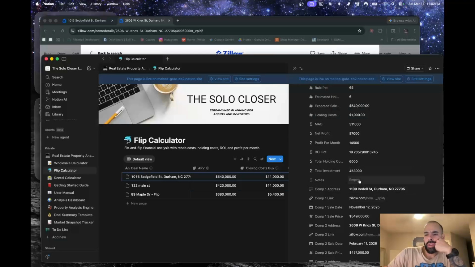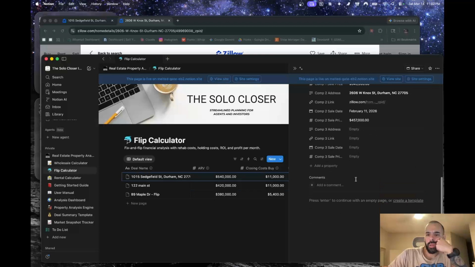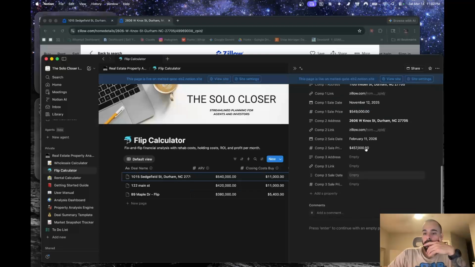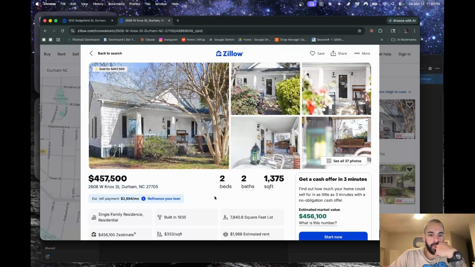Notes on this. So sometimes if you want to add notes, especially if you're working with somebody, you can write notes, last conversation, or blah blah blah. Comments too, you can use. Let's find one more comp.